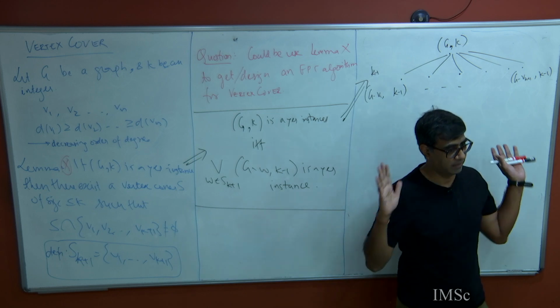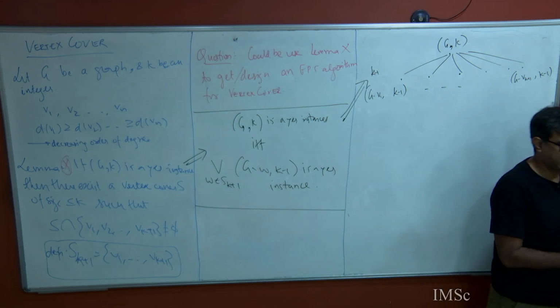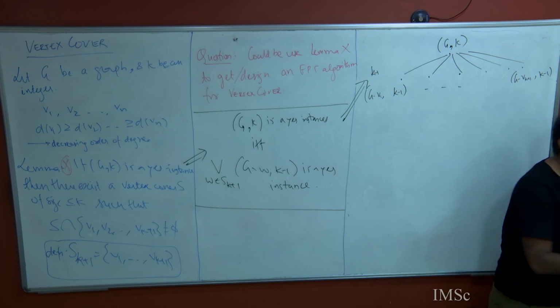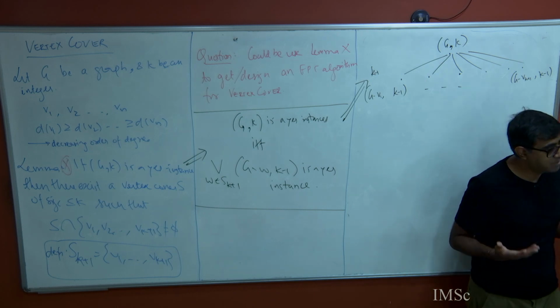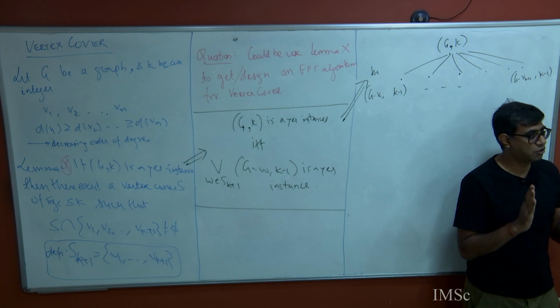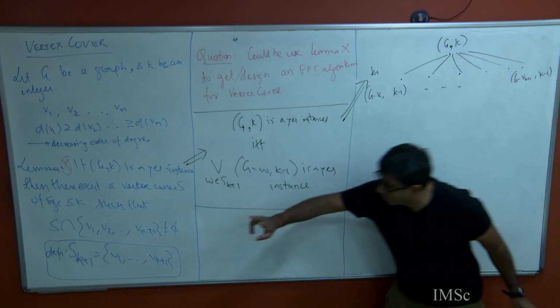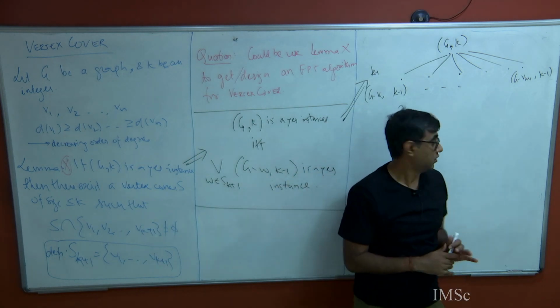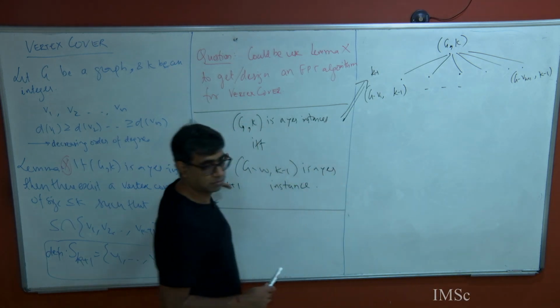If I succeed, great. If not, I will try the next. If I succeeded in either of them, then I have succeeded. But if I have failed in every one of them, then what is the meaning of that? It means I can deterministically say that it is a no instance because of the lemma, right. So, this is my algorithm, like nothing.